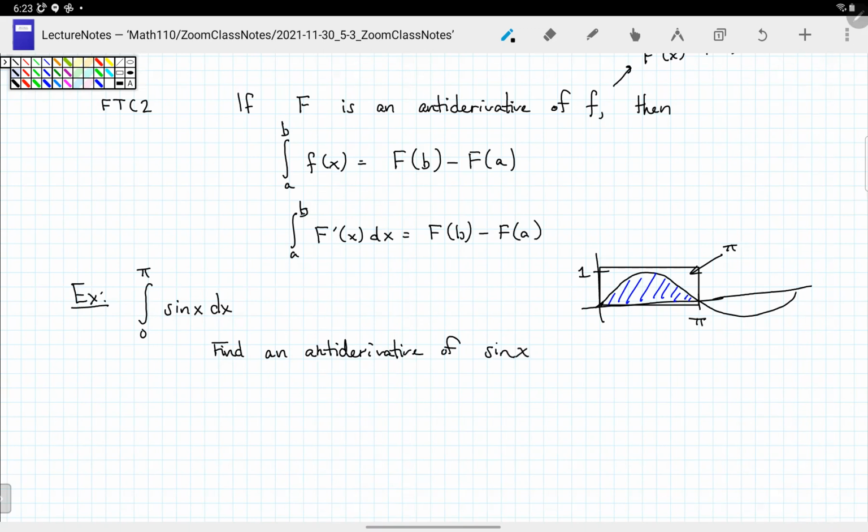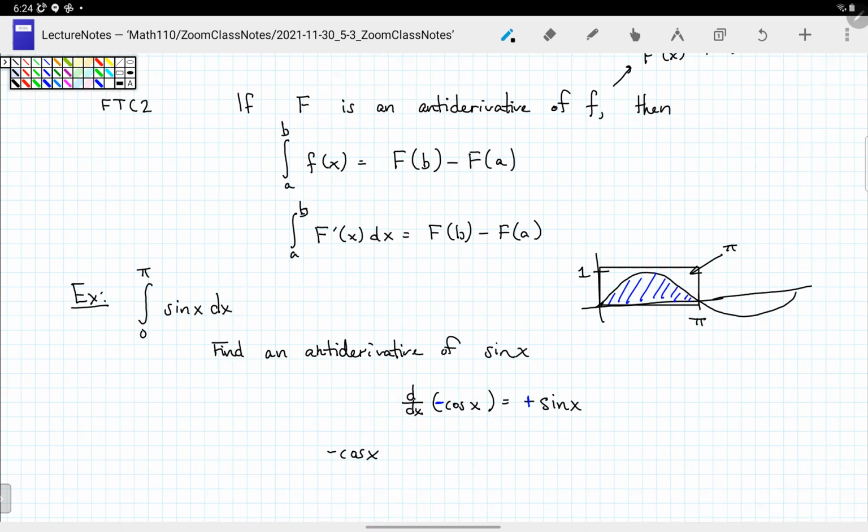Now, if we think about it, the derivative of cosine of x is equal to negative sine of x. So if I take the derivative of negative cosine of x, that's going to be positive sine of x. So negative cosine of x is an antiderivative of sine of x.